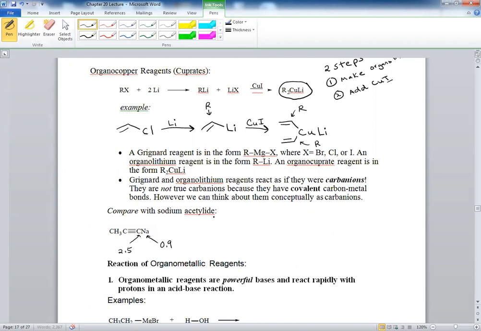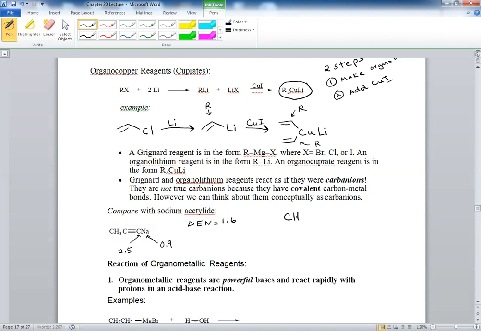And it's actually ionic. The reason it's ionic is because the difference is greater than 1.6. So you're taking 2.5 minus 0.9, and it's ionic.